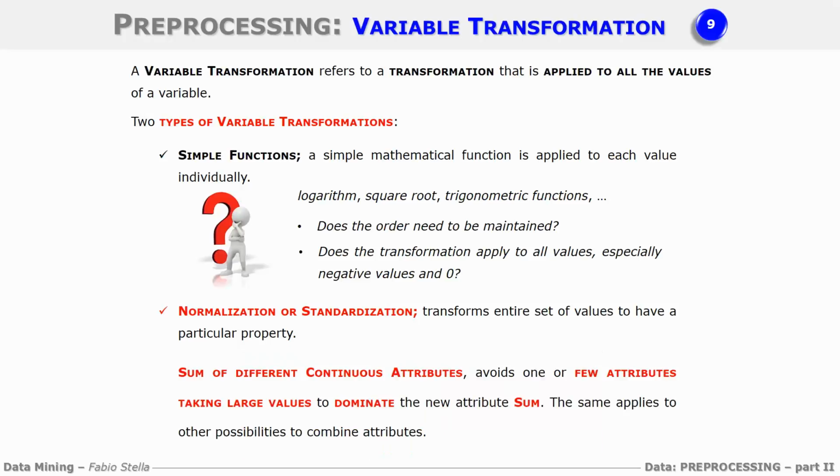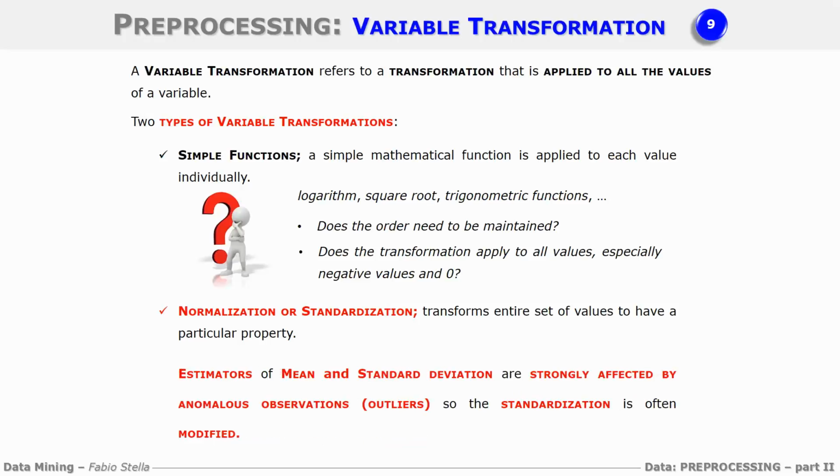This type of variable transformation is particularly useful, for example, in the case where some different continuous attributes have to be combined, because this transformation avoids one or a few attributes taking large values from dominating the new attribute defined to be the sum. The same applies to other possibilities to combine attributes.